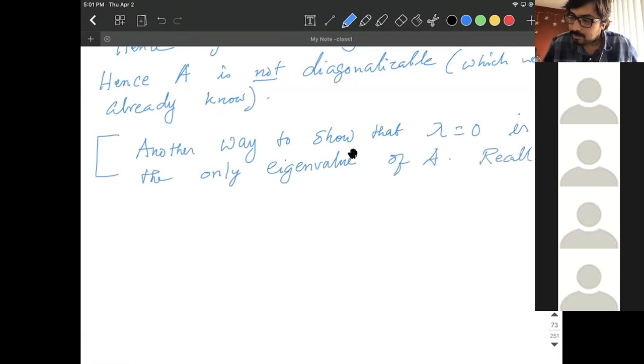So recall that we have this property that A cube is 0, right? So A cube is given by the 0 matrix.